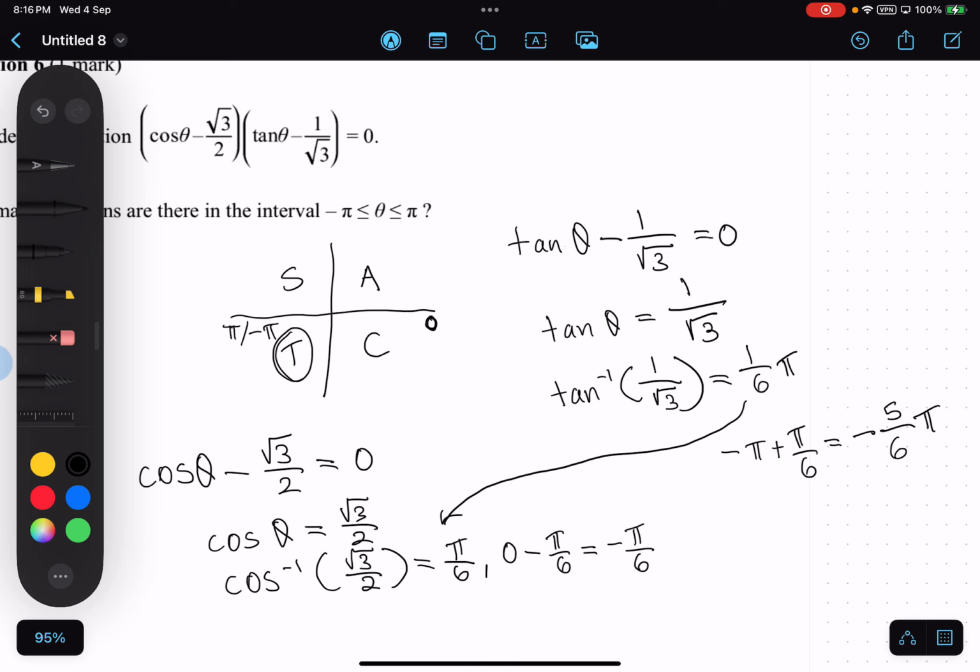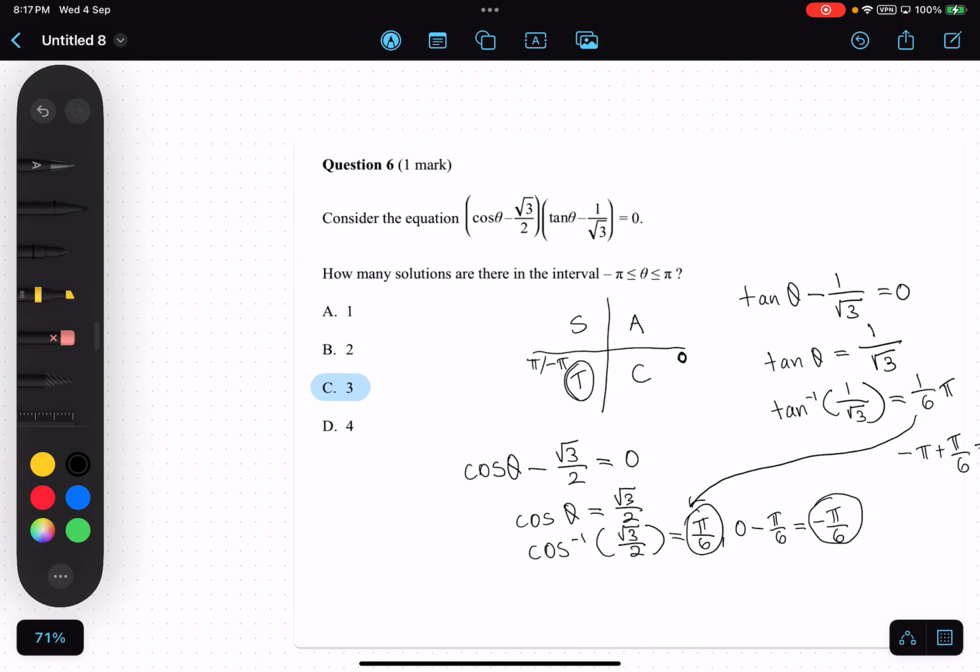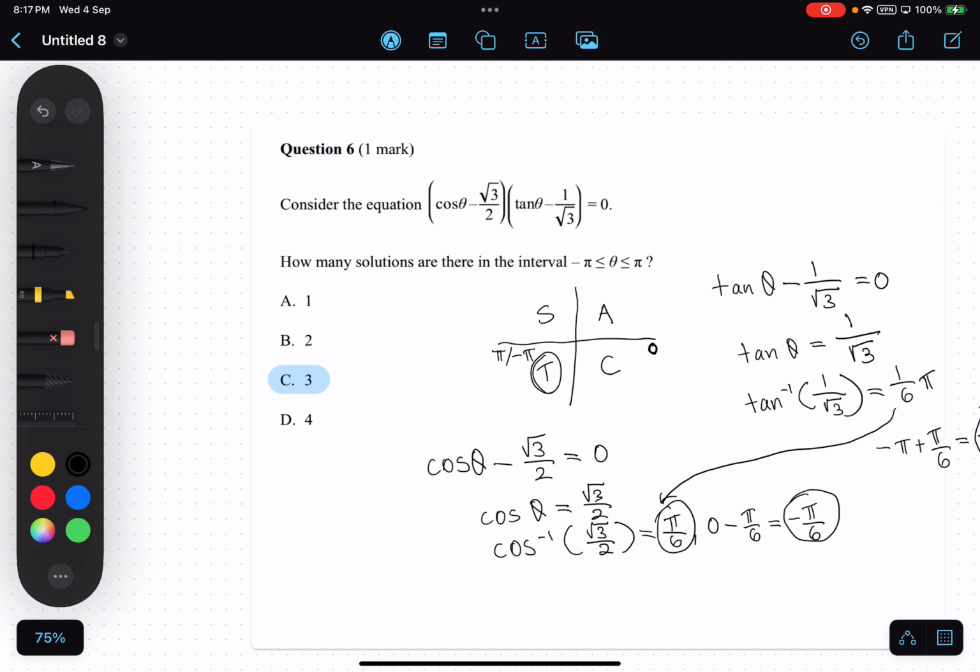And I'll just check that that's right. And that gives me an answer of 0. So therefore, all the solutions are negative pi on 6, pi on 6, and negative 5 on 6 pi. So that would mean that the answer is 3. Alright?